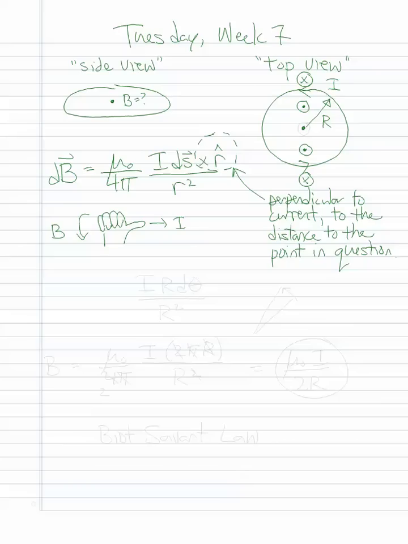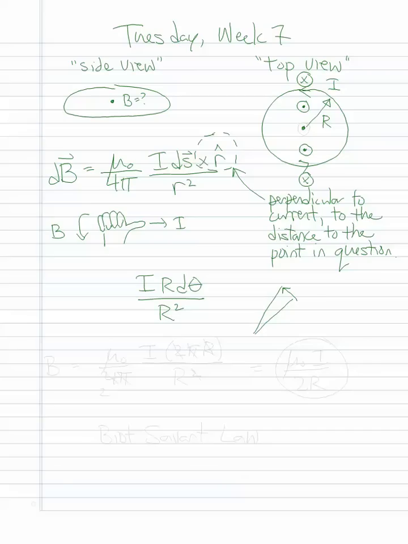And in fact, what looks like an integral really isn't, because the path that the loop is taking is the same distance from the point that we're thinking of. And so I could write this as I say r d theta, which would be at some distance r a little bit of current, and then integrate over r squared.